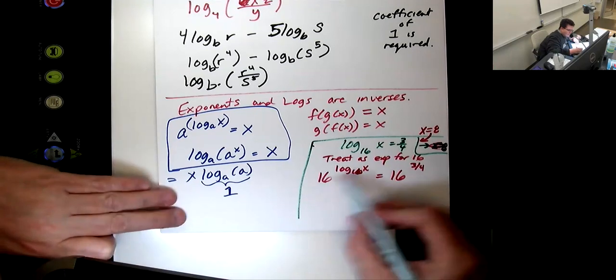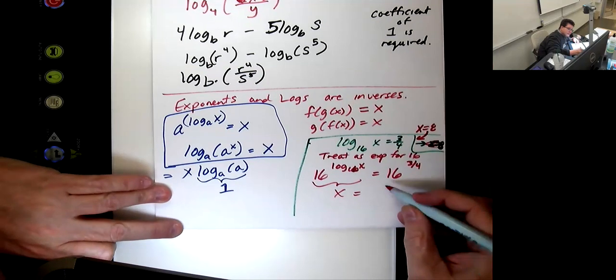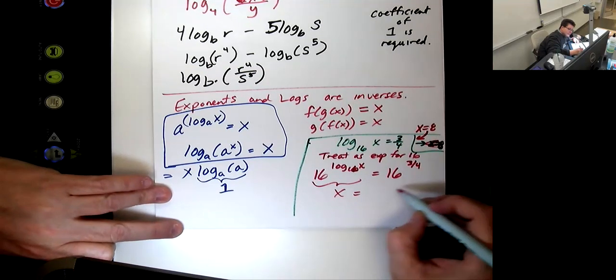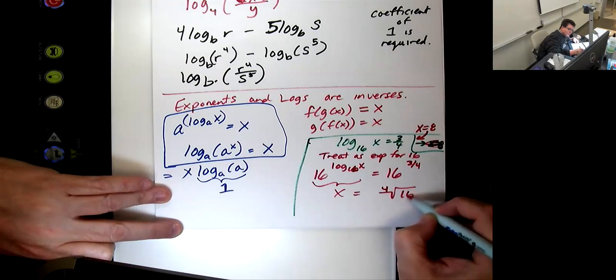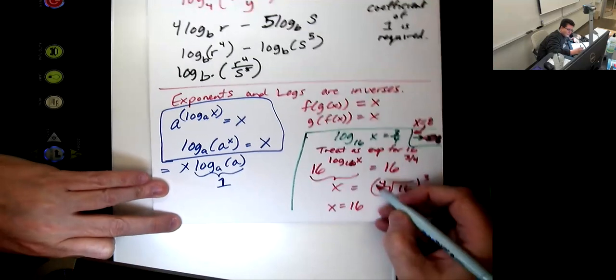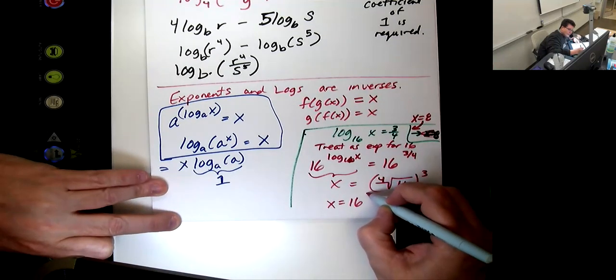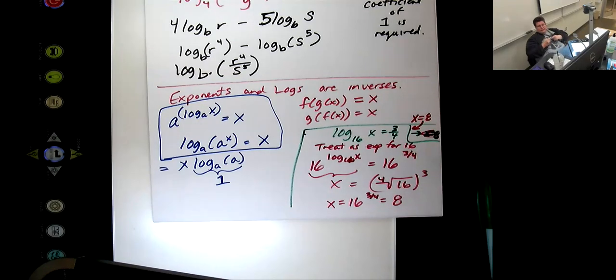All right, this just collapses down into an x. And this is the 4th root of 16 cubed. Or if you put it in a calculator that lets you use fractional exponents, it'll just spit out 8. And speaking of calculators, this is what we're going to need to use on the next part.